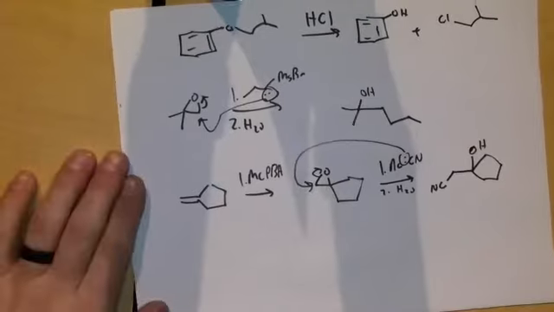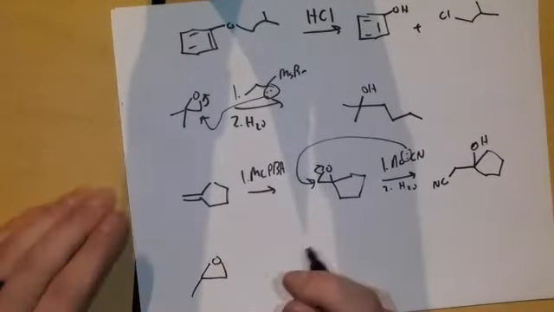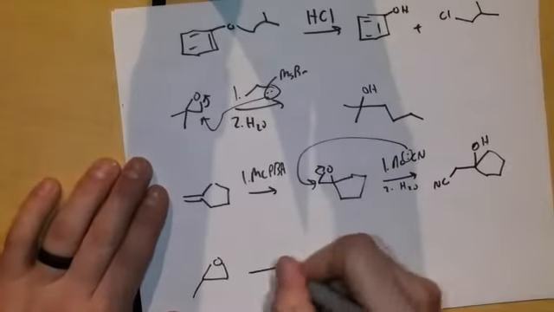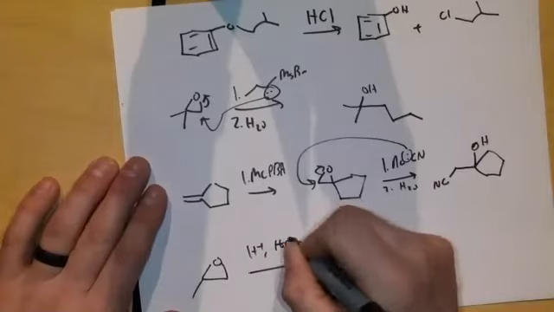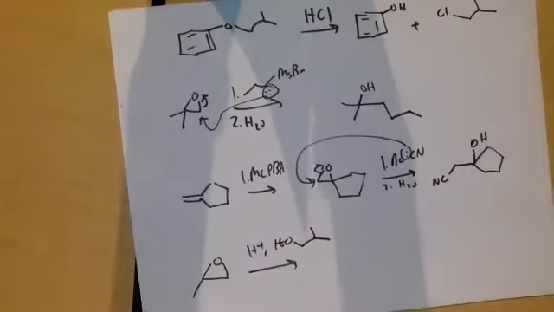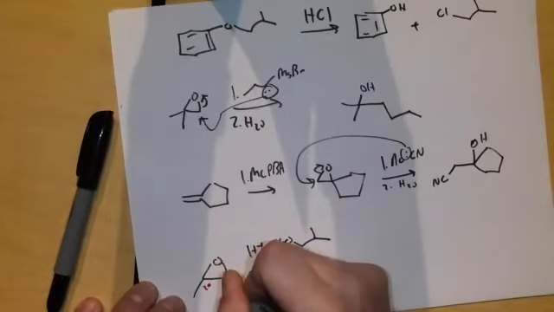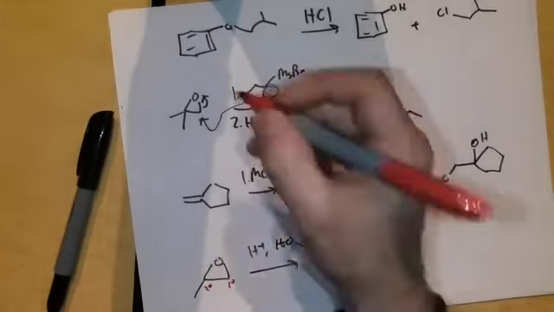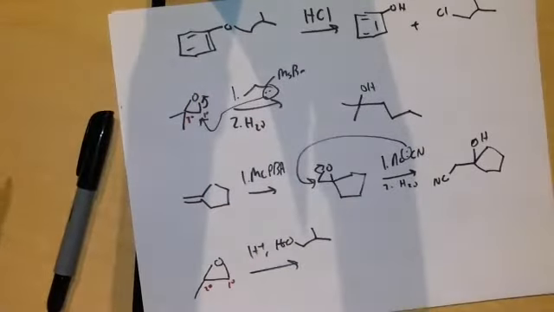Our last one is our example where we are dealing with a less substituted epoxide. H plus this alcohol here. We have a secondary center next to a primary center, as opposed to a tertiary one like we typically do.